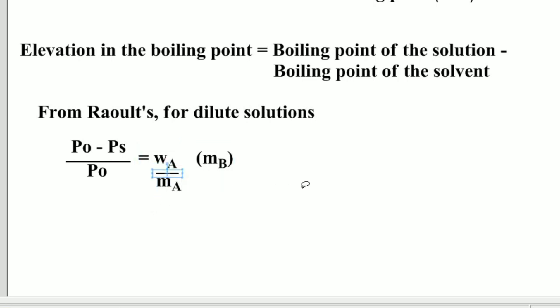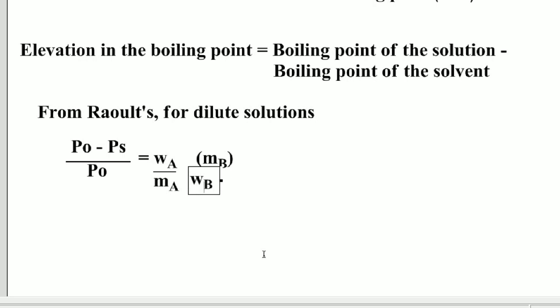Already in the lowering of vapor pressure concept we saw that P naught minus Ps by P naught is equal to small n by capital N, that is nothing but WA by MA into MB by WB. This is the relation we get from Raoult's law.